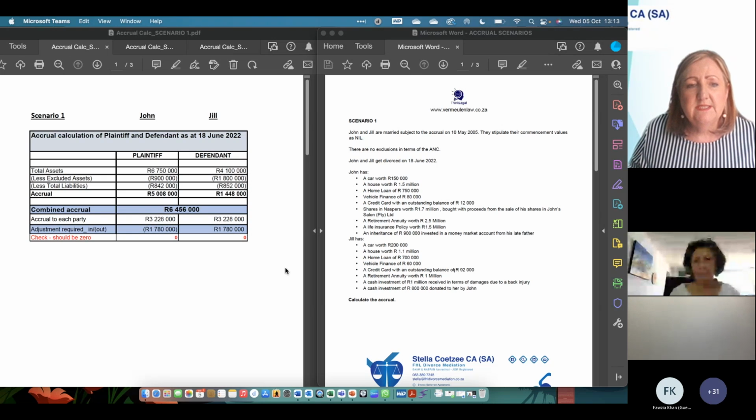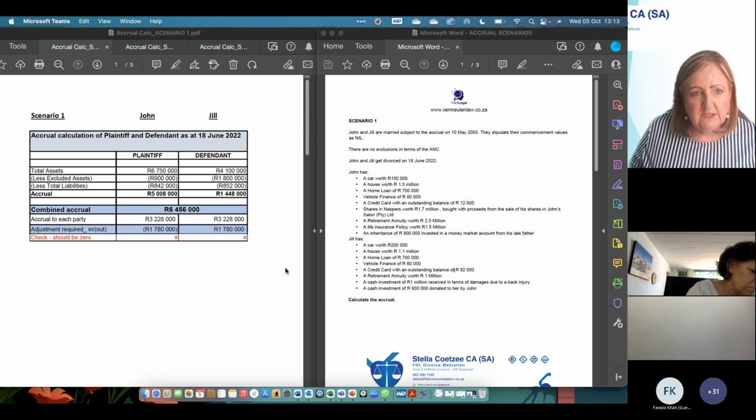If you look at the second column for Jill, the defendant, her total assets come to 4.1 million, less her excluded assets of 1.8 million and her liabilities of 852,000, gives her a final accrual of 1.448 million.